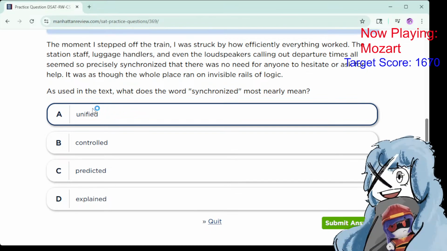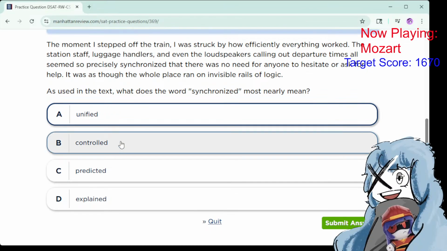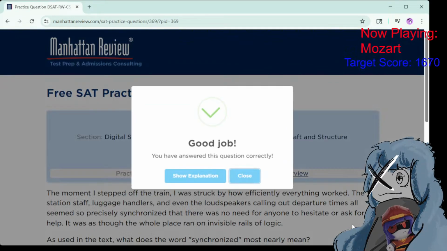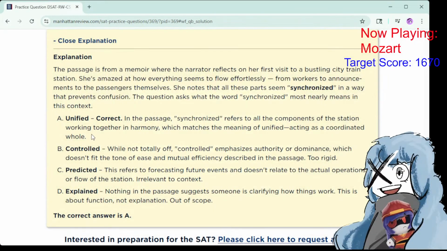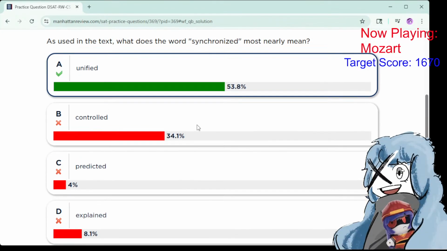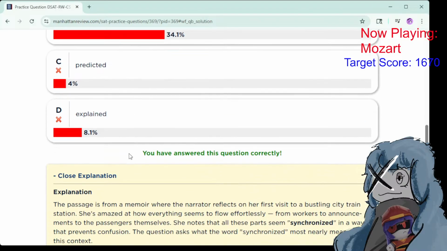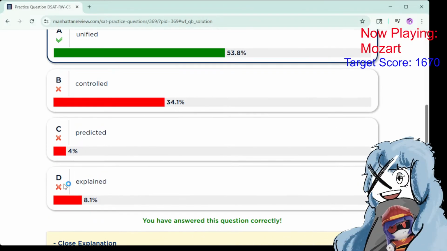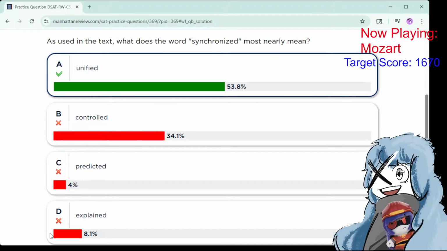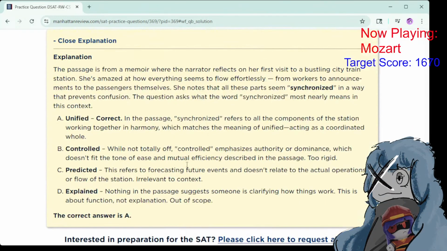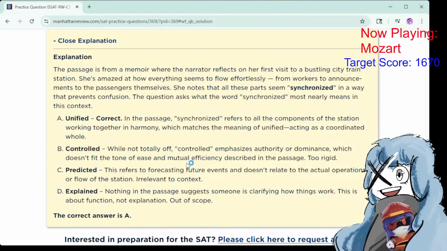I'm leaning more towards A, but controlled is like they're in sequence, so I go with A. Yeah, I feel like A and B. A lot of people picked B. I think people who picked D just didn't know. C and D just didn't know what synchronized means for some reason. Guys, if you're in high school, you know what synchronized means.